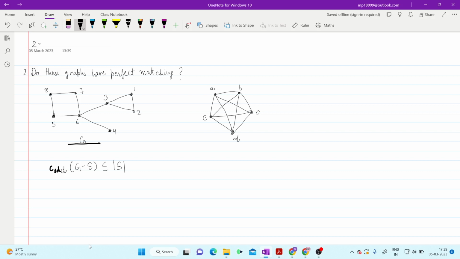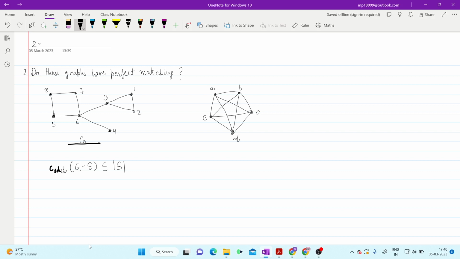If we take 5 6 in that matching, then 4 will be left single, and also 1 and 3, you cannot take 2 in that matching cover, ma'am.